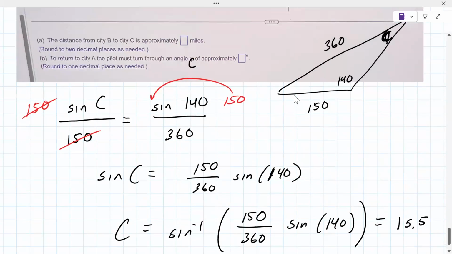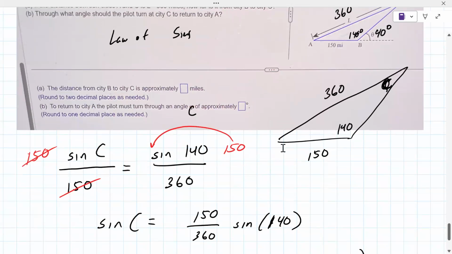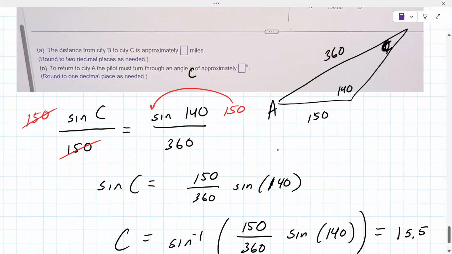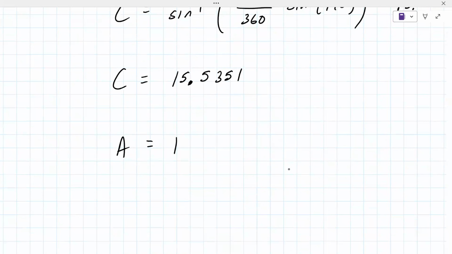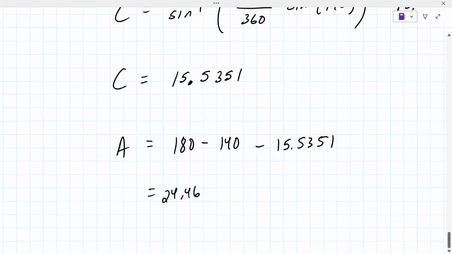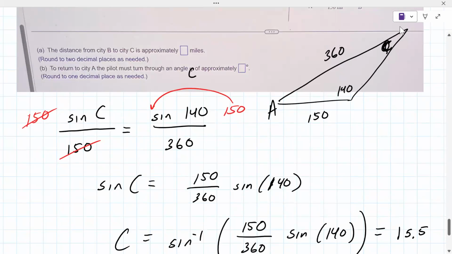And so now we can find this angle up here, angle A. To do that, use the fact that 3 angles in the triangle add up to 180. So angle A is 180 minus 140 minus 15.5351, which ends up being 24.4649.